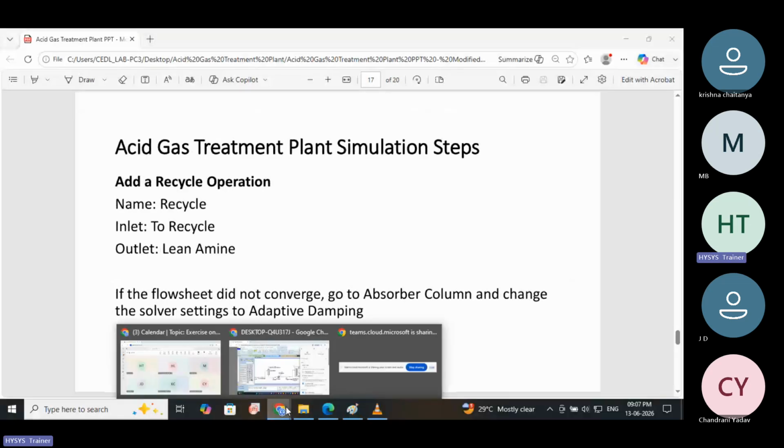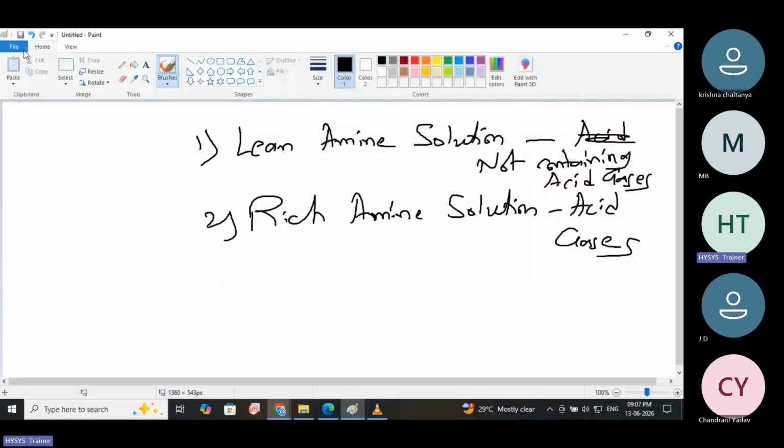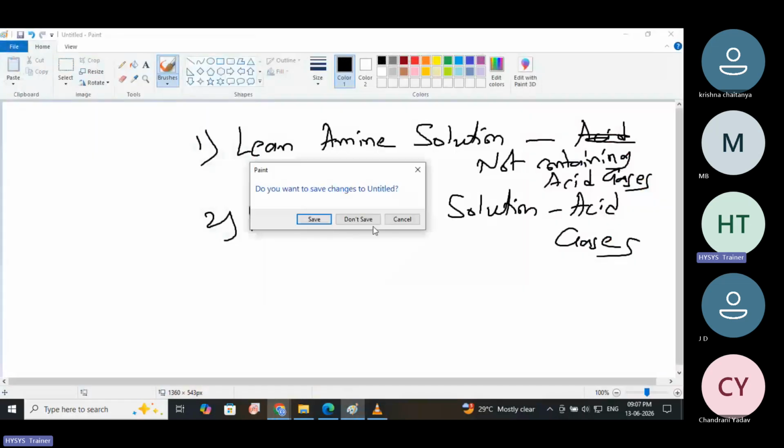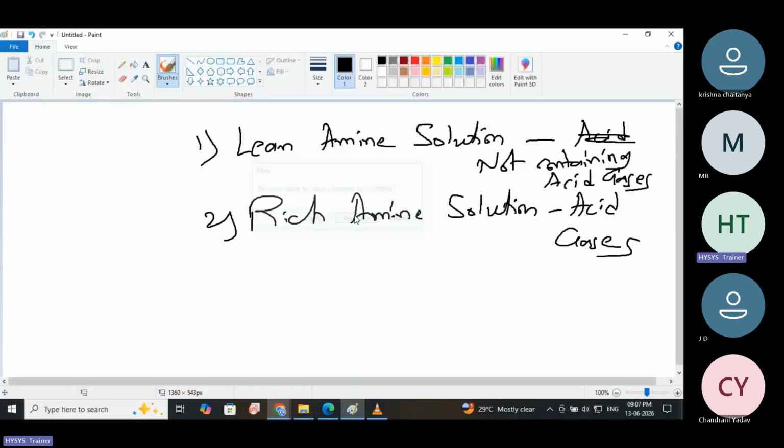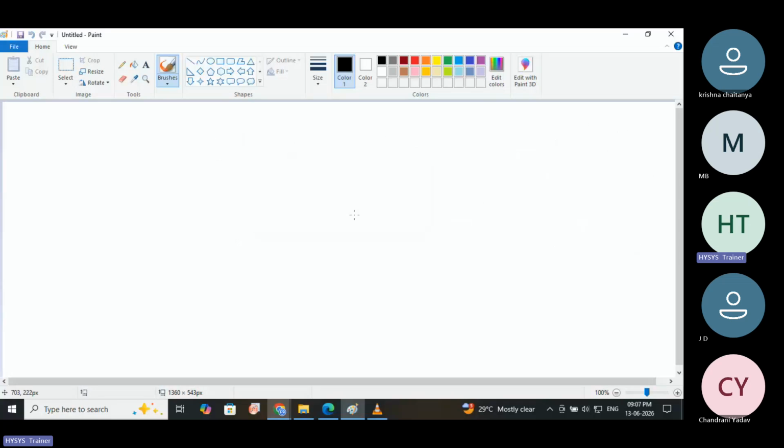Before going for this, let's have a quick view on what changes we are making into this recycle when we are going for this recycle operation.